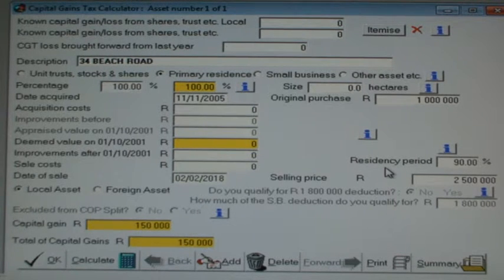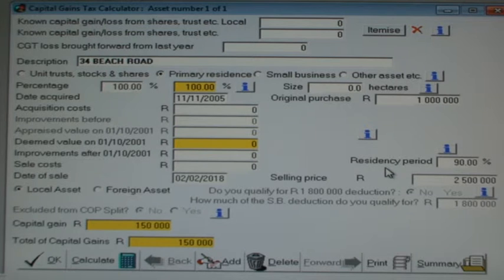In this case, 90% of the 1.5 million profit is 1.35 million, which is less than the 2 million primary residence exclusion. This means that we ignore the primary residence exclusion and the amount for the capital gain is the non-residency period of 10% of our profit of 1.5 million.